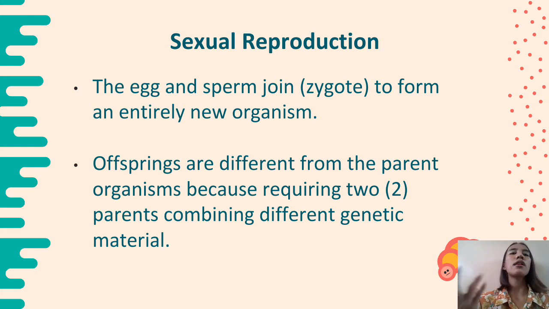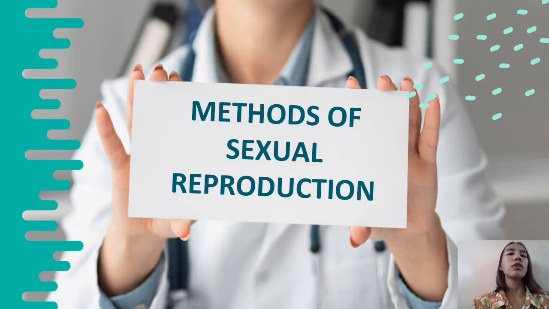So offspring are different from the parent organisms because of requiring two parents, combining two parents' different genetic material. Okay? So if asexual reproduction requires only one parent, sexual reproduction requires two parents to reproduce. Okay? So we have different methods of sexual reproduction.